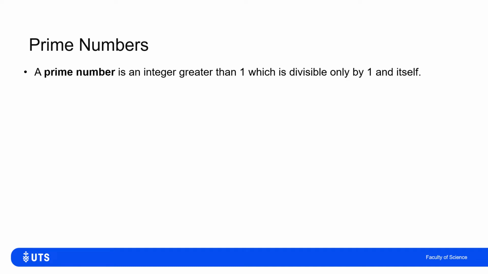Now, if I write that in logical notation, it can look a bit messy, but what it's saying is that if I have an n belonging to Z, so n being a member of the set of integers, n is an integer and n is prime, that's true if and only if s does not divide n.